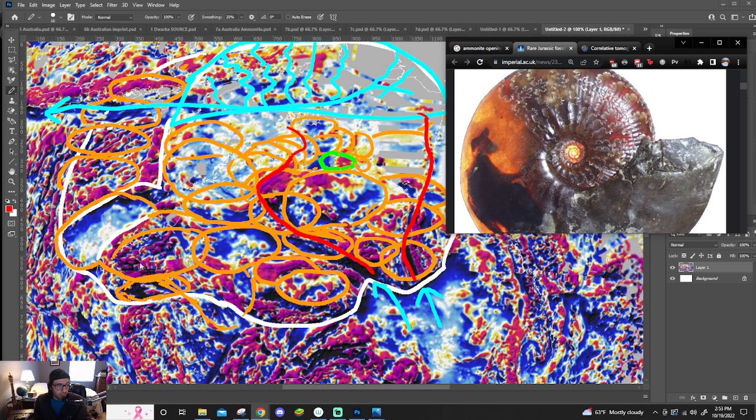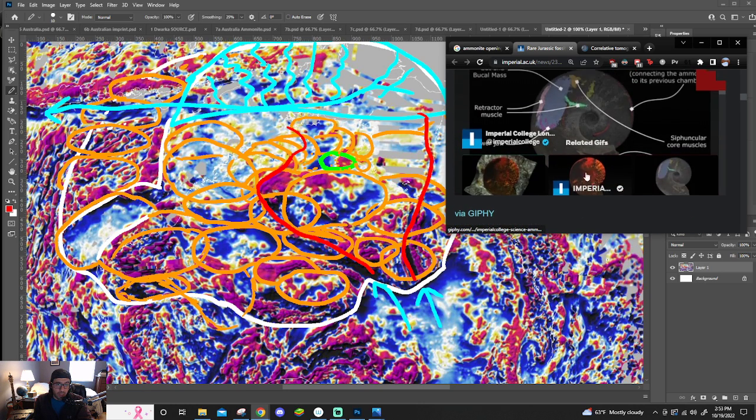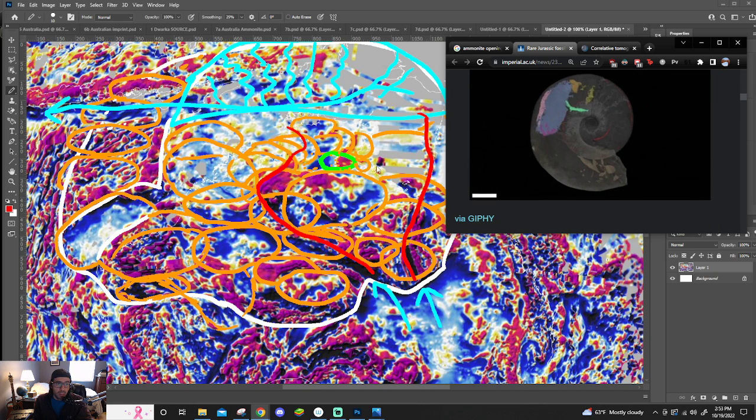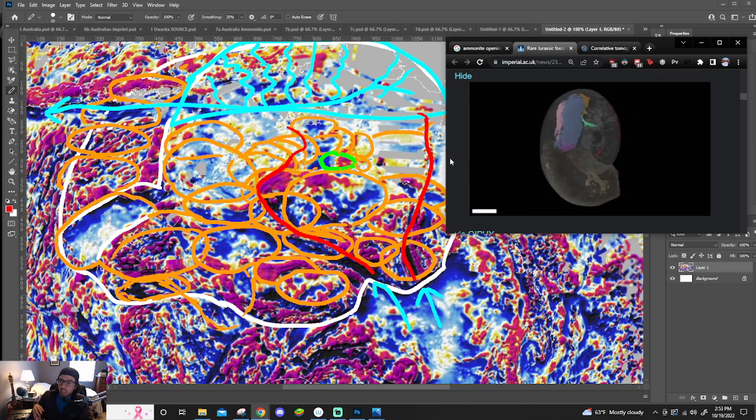I was thinking I called this the jawbone, but this may be, although I think it's this. Let's find the thing again. There it is. There we go.